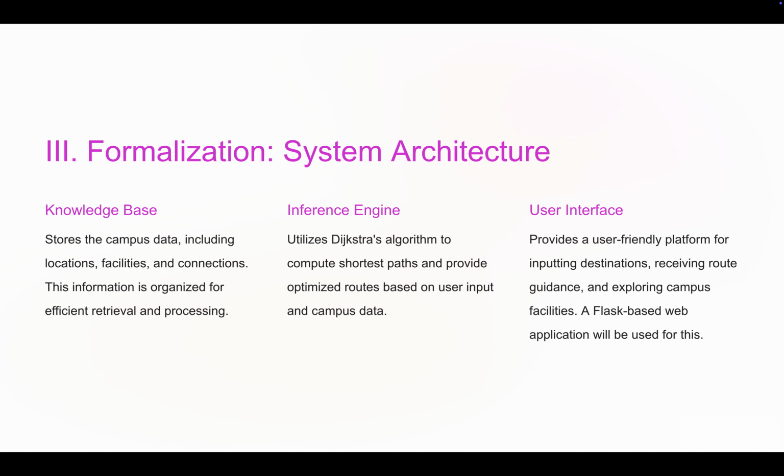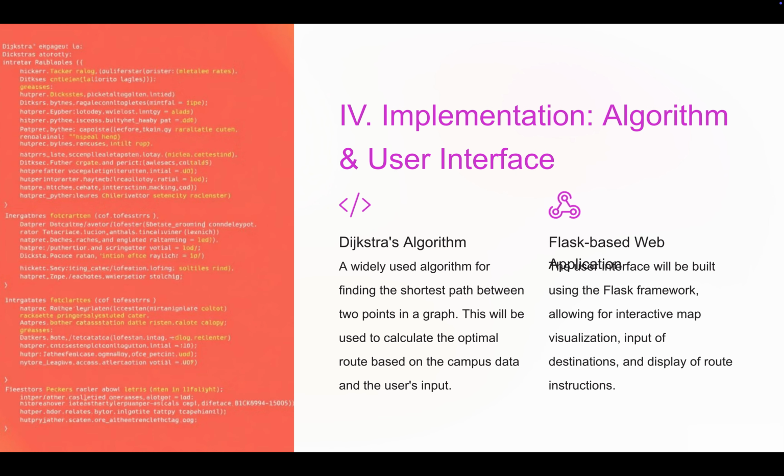It depends on what we put in our code. For the user interface, as I told you, it provides a user-friendly platform for inputting destinations, receiving road guidance, and exploring campus facilities. A Flask-based web application will be used for this, as I told you guys. So now this is the implementation and the user interface.